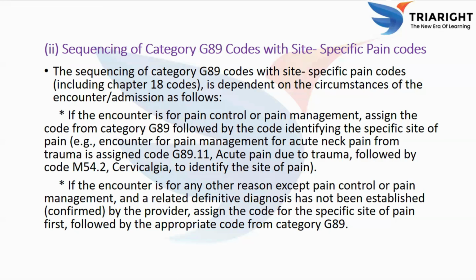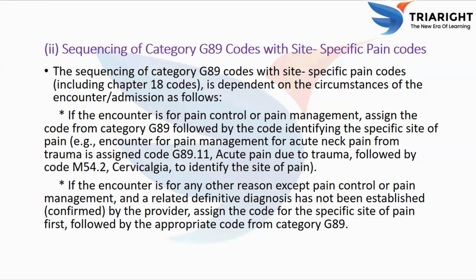For example, when my patient comes for pain management for acute neck pain due to trauma, you assign G89.11 for acute pain due to trauma first, and then M54.2 for cervicalgia, the neck pain, second. Why? Because the visit is specifically for pain control. This is rule 1.